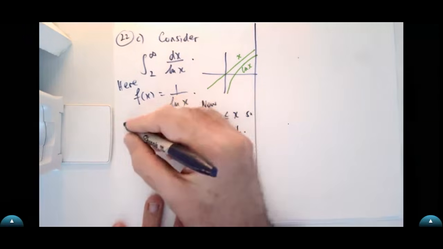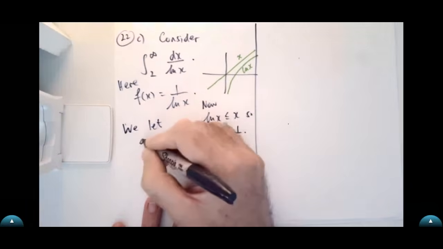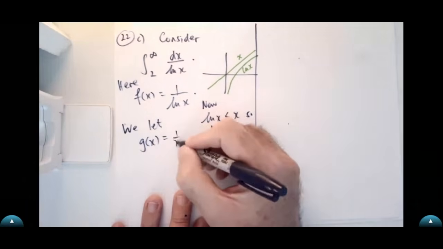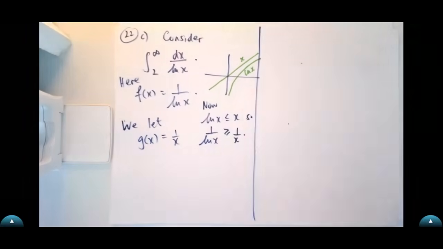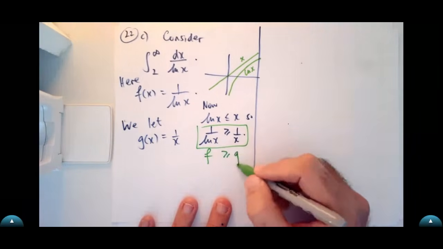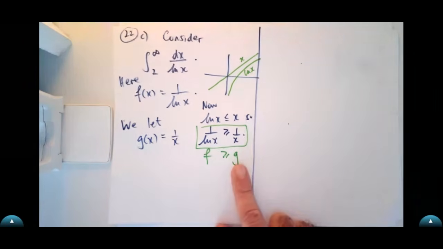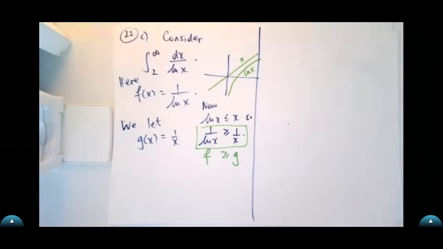So let g of x equal 1 on x. And what is the relationship between g and f? That's your f, that's your g. Let's integrate this smaller function on this interval and see what happens.